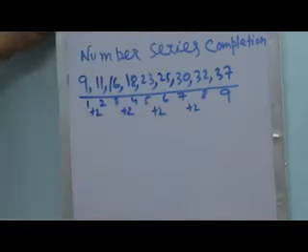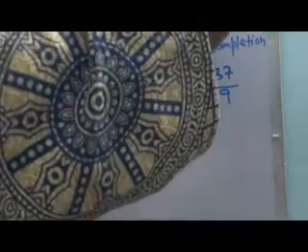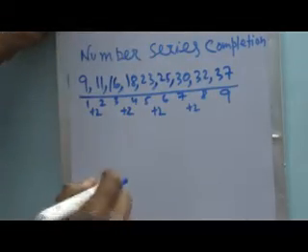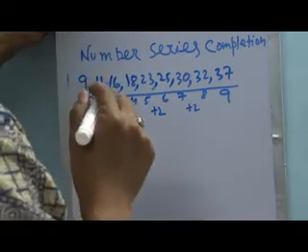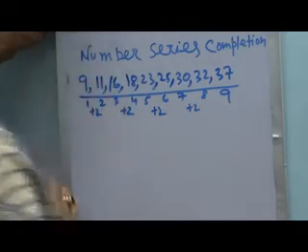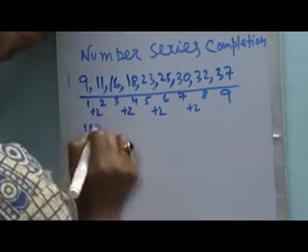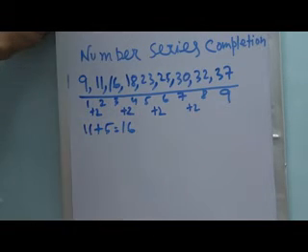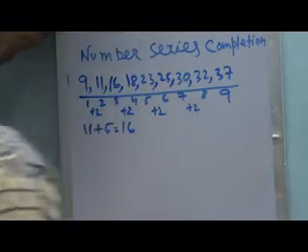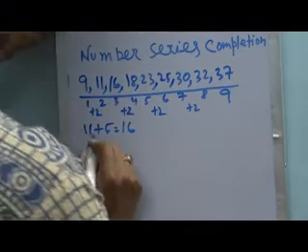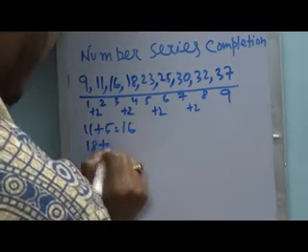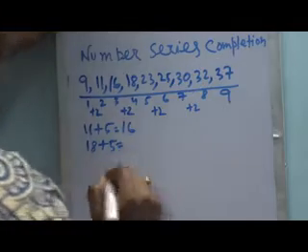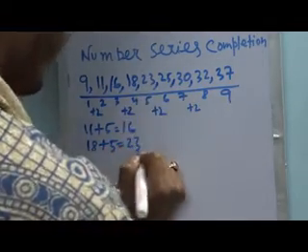Now we have to think about the numbers in position 2 and 3. So 11 plus 5 equal to 16. Then position 4 and 5, what is 18 plus 5 equal to 23.